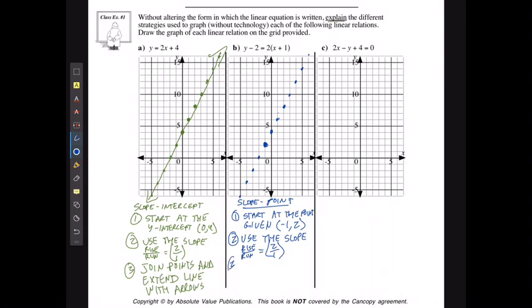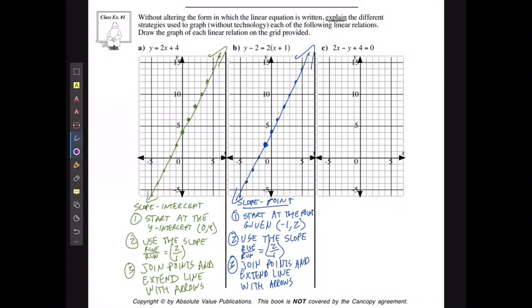And then step 3 is going to be the same as it is for my slope-intercept. I'm going to join the points and extend line with arrows. So connect all the points, extend it out, and then put arrows on each end to show that it's going to go on and on forever.